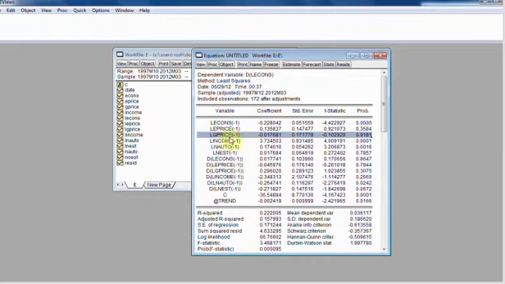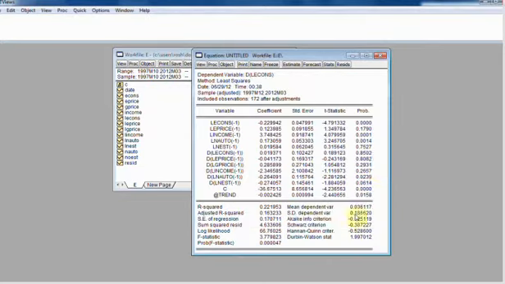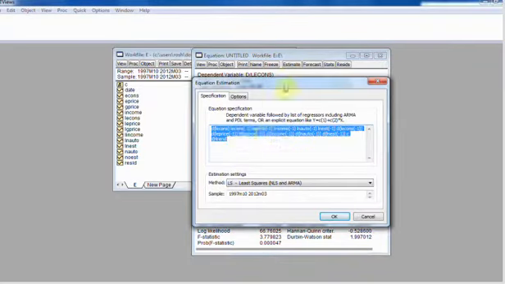So I will remove LG price E. I'll go there, estimate, and remove LG price E. Right, done, and I'll estimate it again, and I will see the next highest probability, this one, first difference DLE cons.